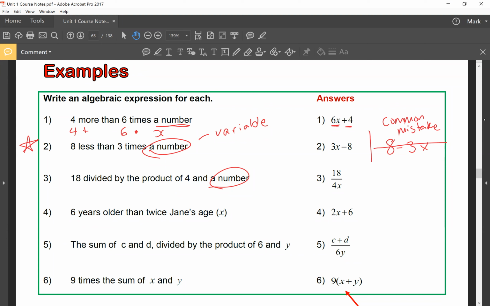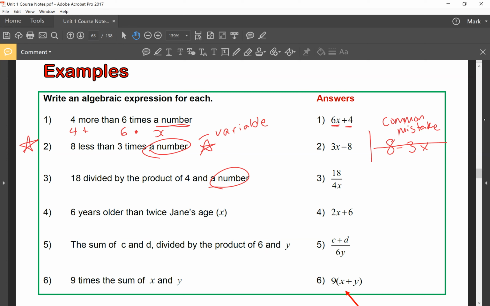That is not how this works. 8 less than 3 times the number mathematically means take 3 times the number and then go 8 less than that. Subtract 8. It's 3x, subtract 8.